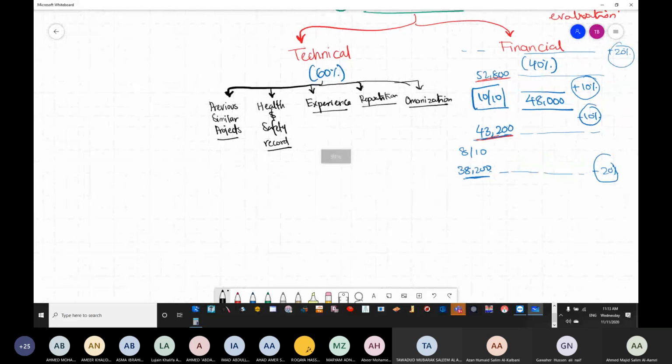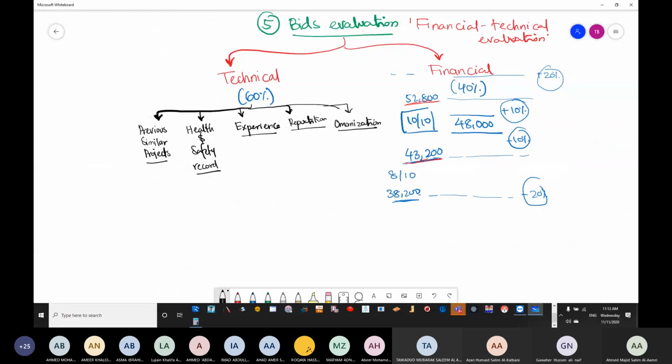Okay. So after we finish from bids evaluation, once again, this information you will not get in books. This information is from practical experience. So 5 is bid evaluation.